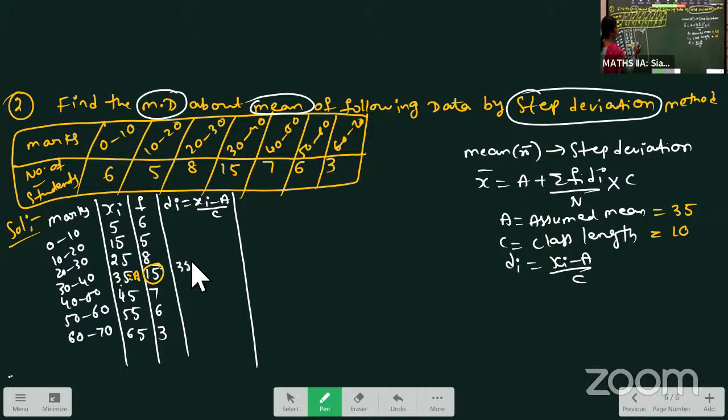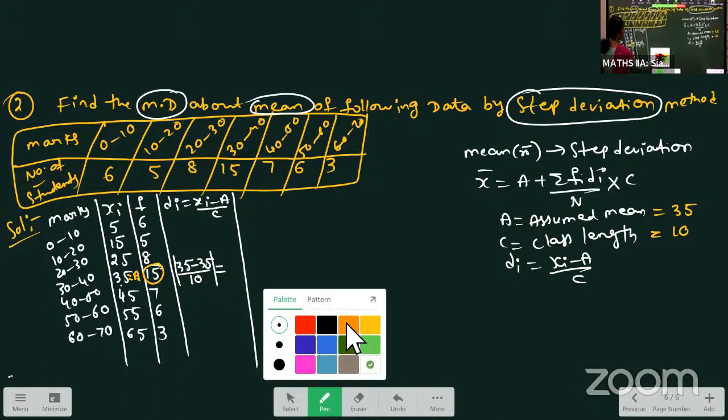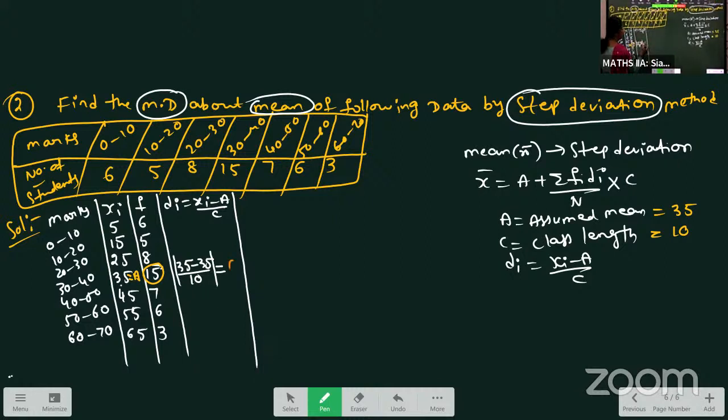Xi value is 35 minus A, also 35, by 10. 35 minus 35, how much are we getting? 0. 0 by 10 is 0. So always wherever the A value is there, that value you find first. That is your di. Then below the values, take them as positive values, and above the values, take them as negative values. Like next value 1, next 2, next 3. And go to above values of 0. It is -1, -2, and -3.